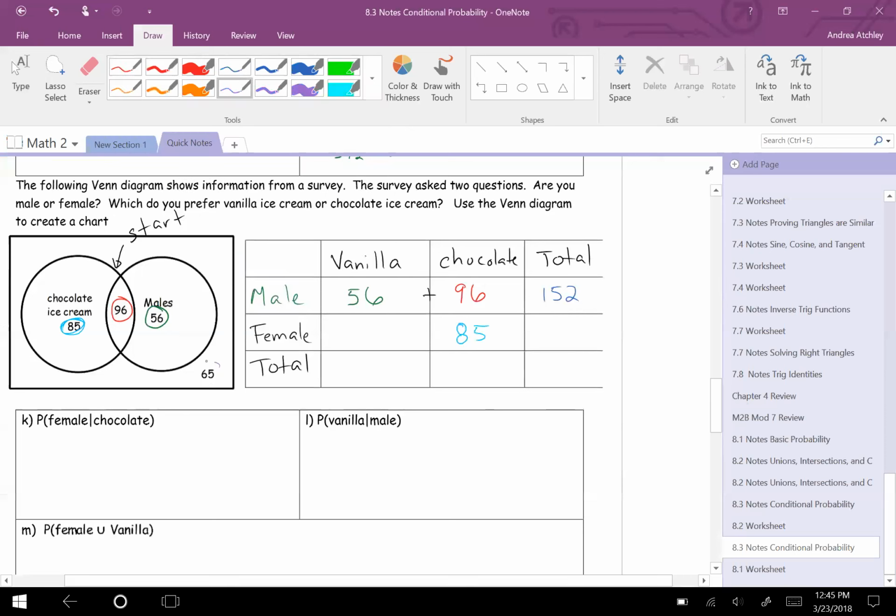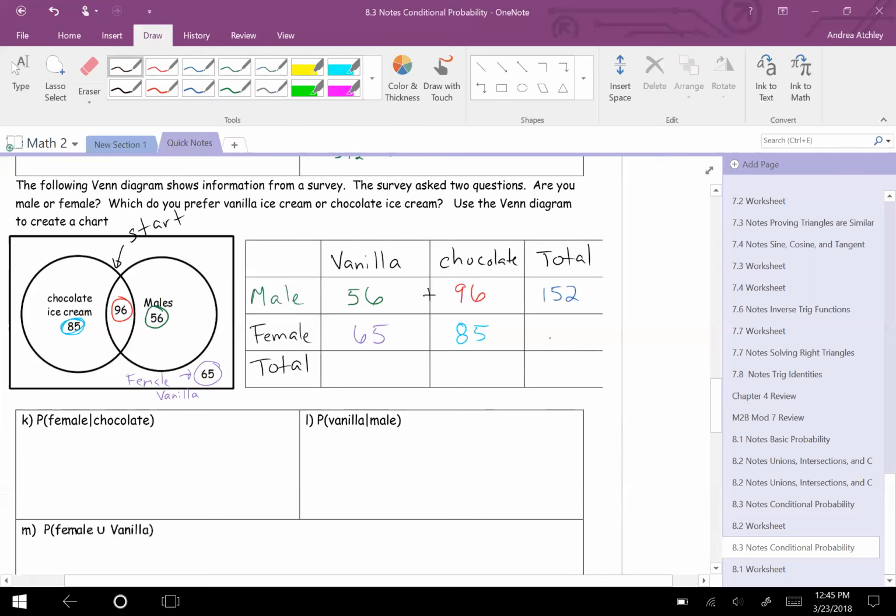Okay, then these people, they're not male, so they're female. They're not chocolate, so they like vanilla. So this is 65 here. Any questions over that?